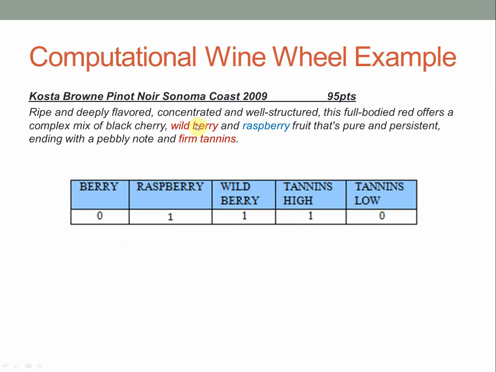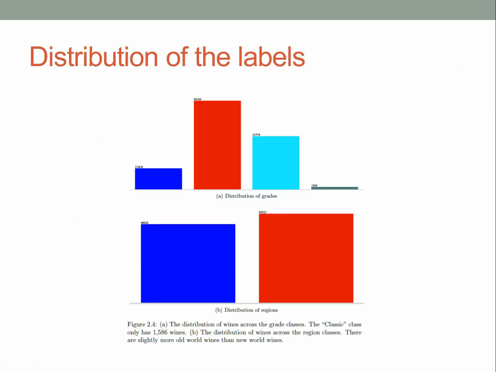Wild berry, firm tannins, and raspberry appeared when scanning through the computational wine wheel, so these 3 attributes end up with 1, indicating they do have these attributes, while berry and low tannins stay 0, indicating they don't have this attribute. That is how we use our computational wine wheel to go through the whole data set and retrieve the information that we need.